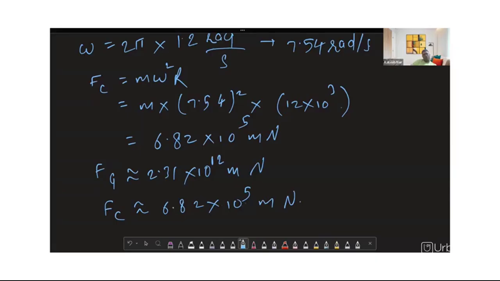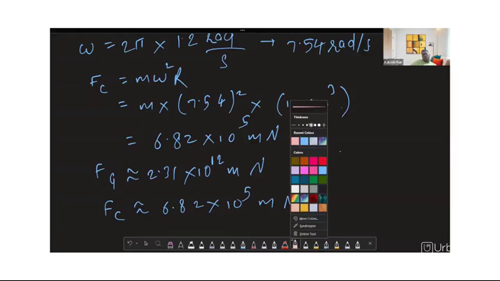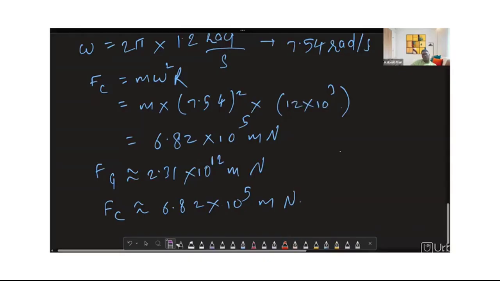As we all know, the gravitational force is much, much greater than the centrifugal force.